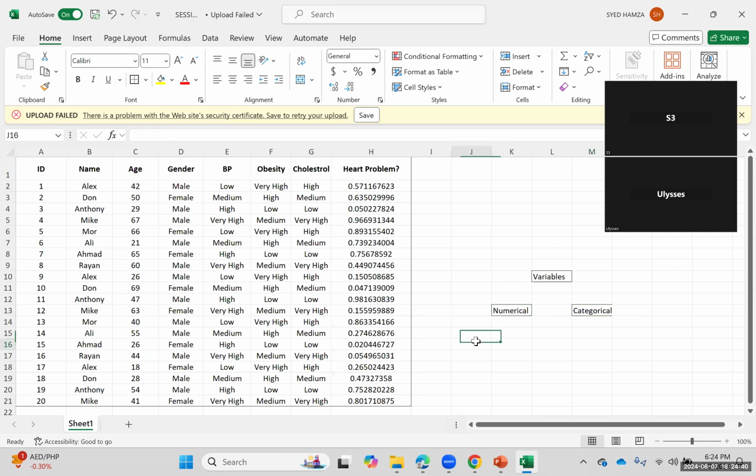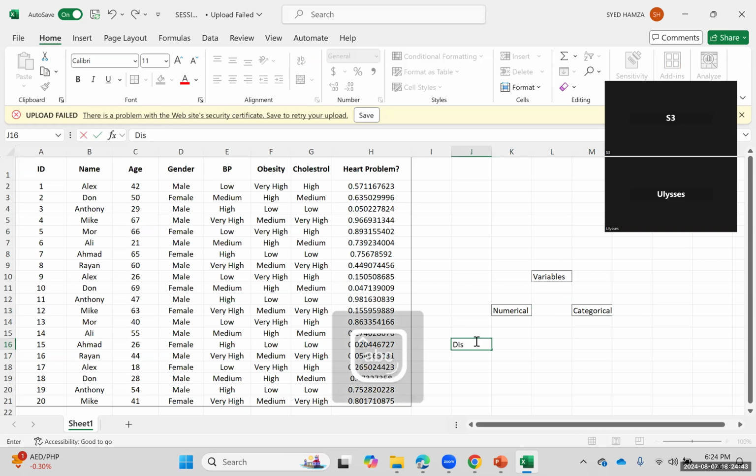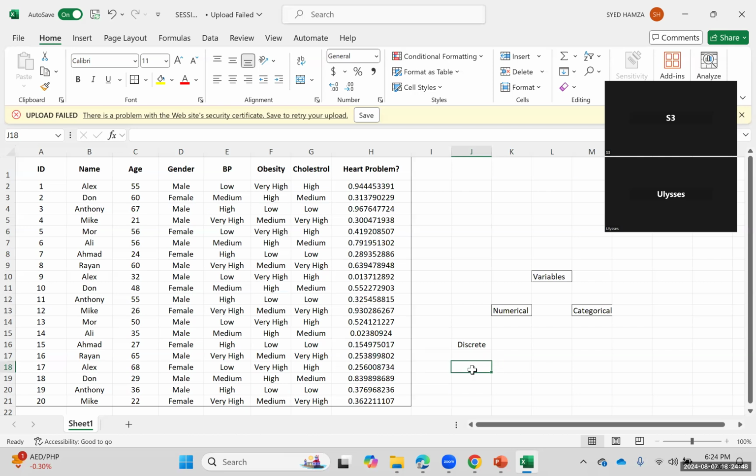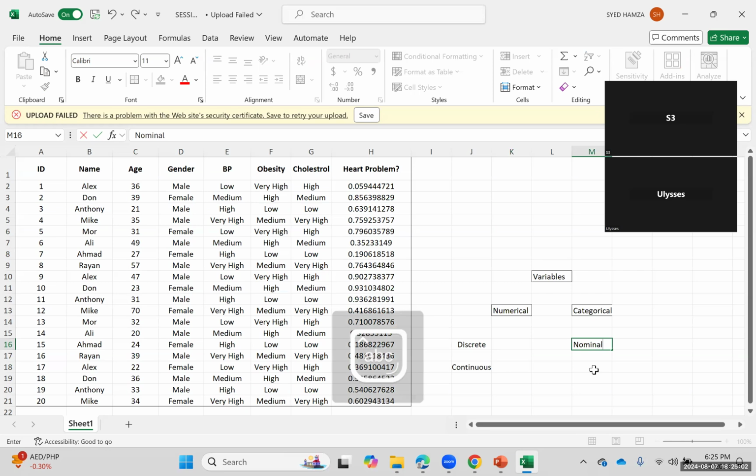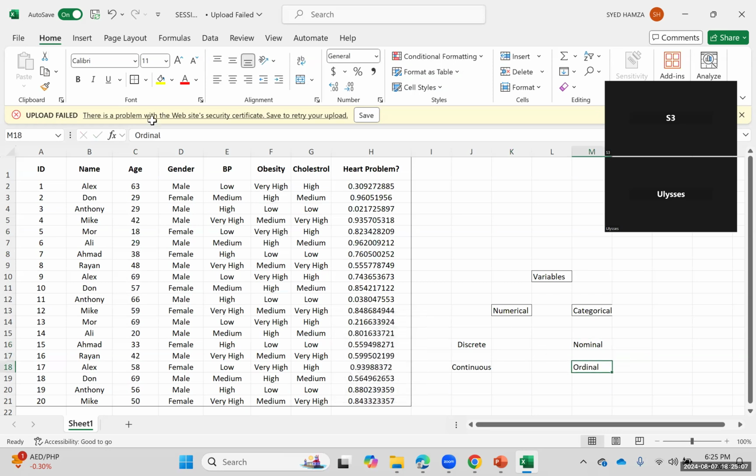Once we have numerical, then we further have discrete and continuous, and in the categorical, what we have is nominal and ordinal. These are the variables that we have.